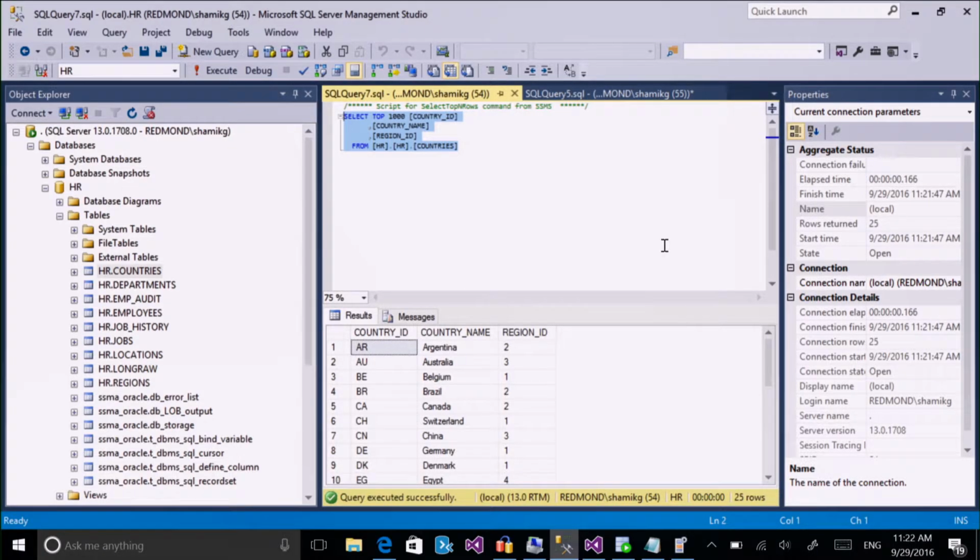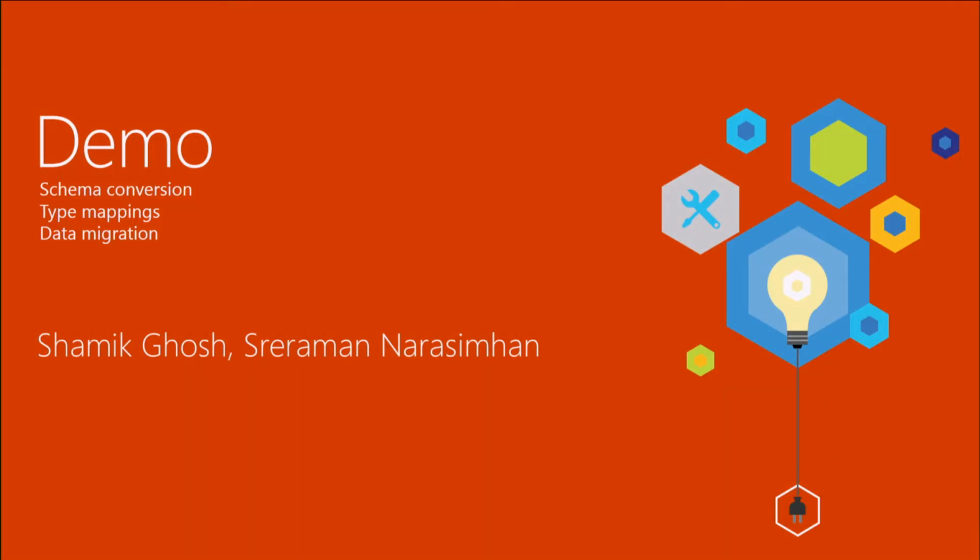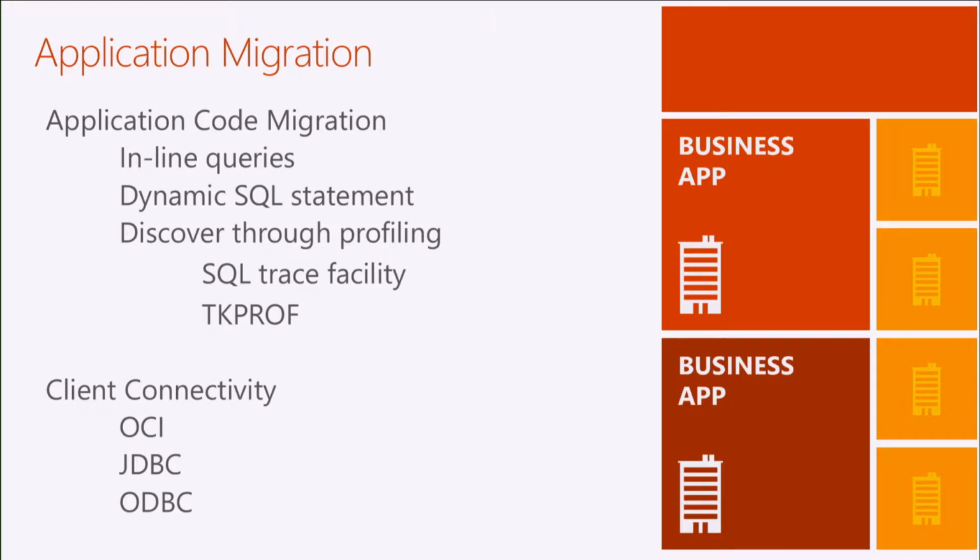So let's switch gears and go back to our presentation. As I was mentioning, we wanted to migrate this application that relies on the HR schema. You talked to me about converting the schema and migrating the data over. Does that mean the application is just going to work? Well, it depends on the application. An application could be a two-tier application where a front end connects directly to the back end. The front end might have a lot of embedded PL/SQL queries in it.